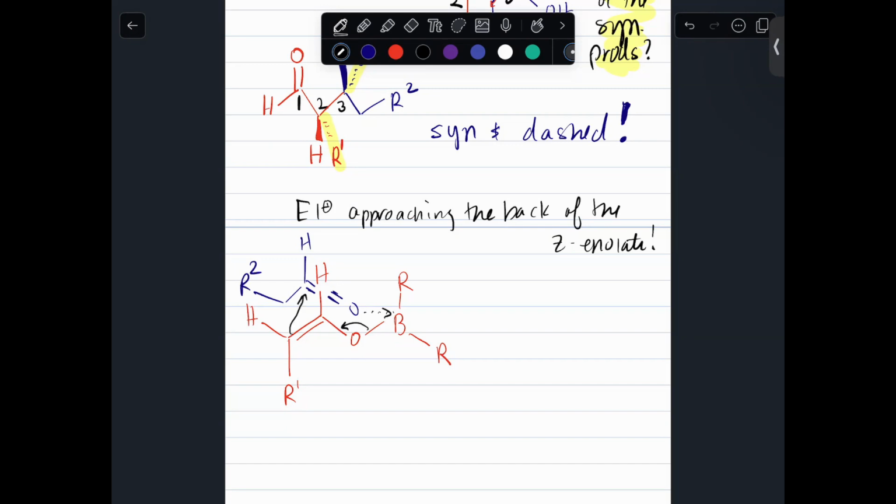And you can see where my six-membered ring is forming, hopefully. Okay. Please notice that as it's approaching from the back, it's the hydrogen that's axial. Just like before, exactly like before.